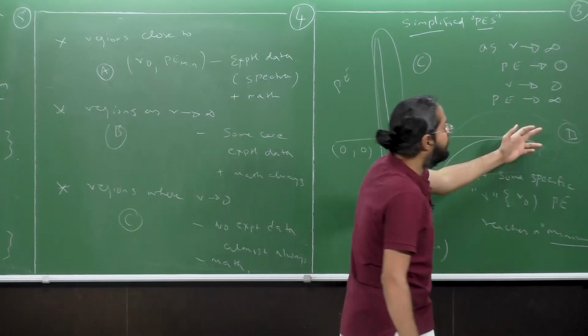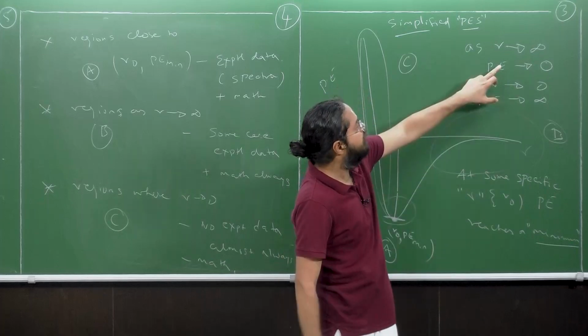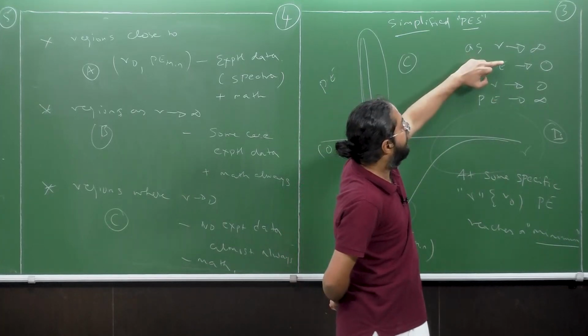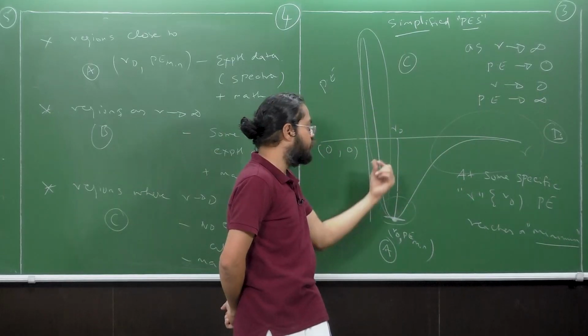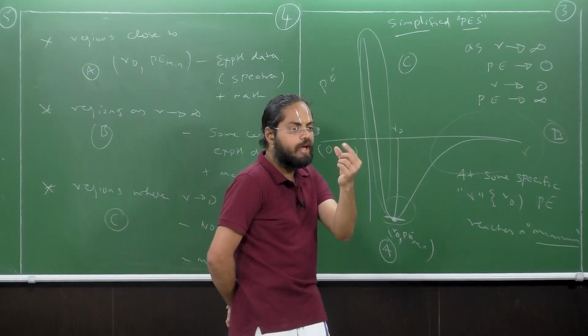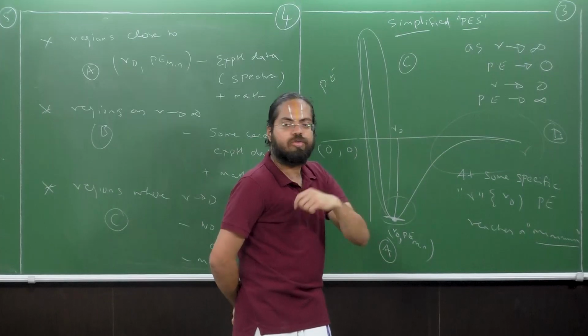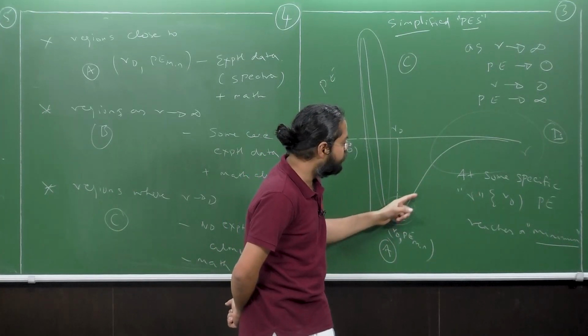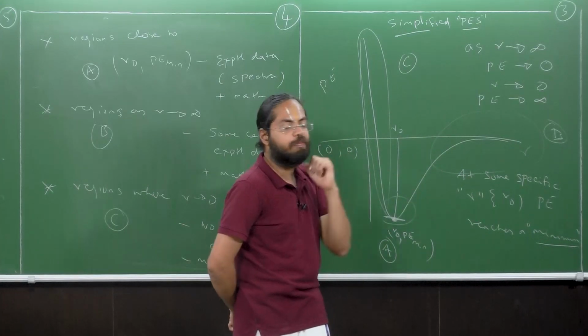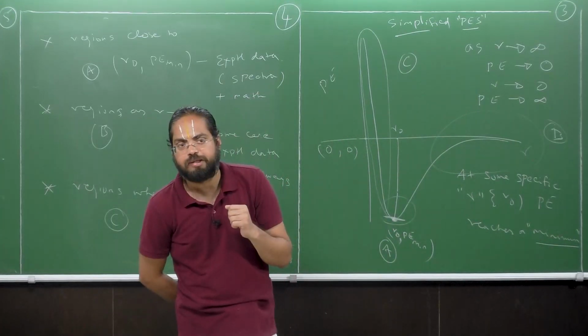Now, what happens in region B? Well, in region B, we have discussed that the distance of separation between the two atoms is increasing, correct? So as it increases, the energy of the system slowly rises, as we would expect. What is the physical picture here?